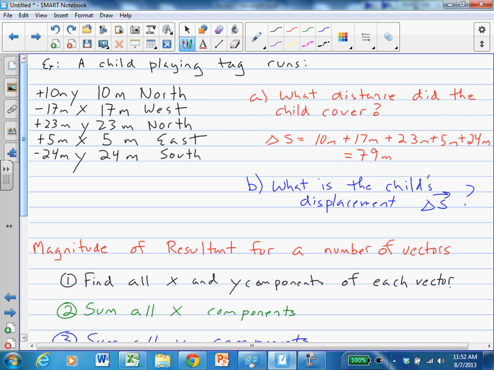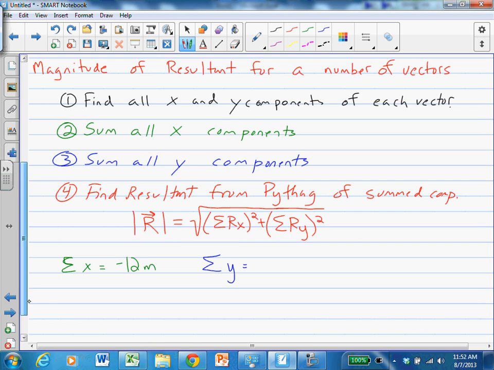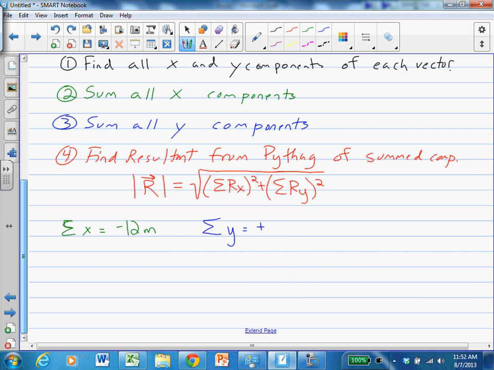Plus 9 meters. So at the end of all the x and y's, we have a y component up at 9 meters and an x component at minus 12 meters.